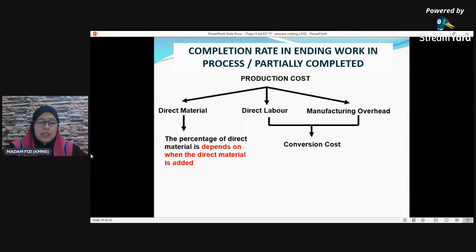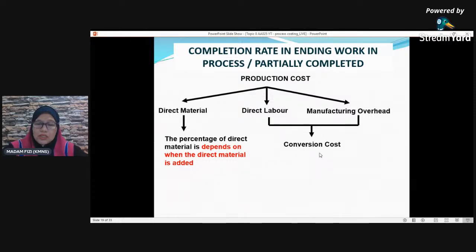Okay, kalau dia is added at the beginning of the process, so direct material equals to 100%. But if the direct material is added at the end of the process, so equals to 0%. Okay, itu direct material, awak kena hati-hati.